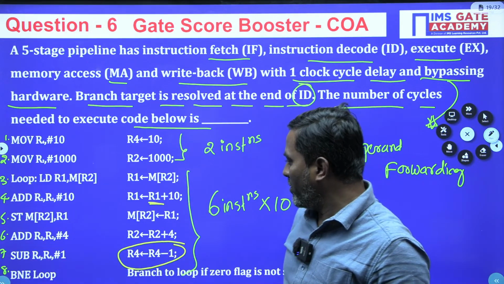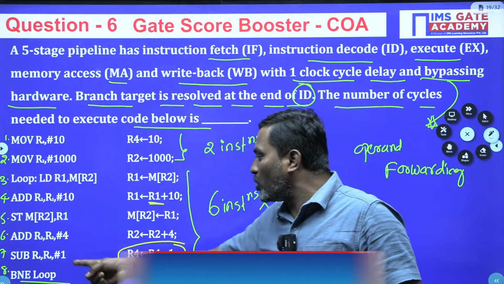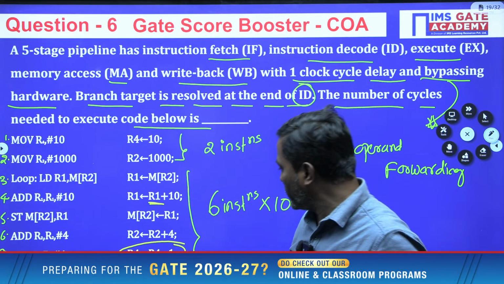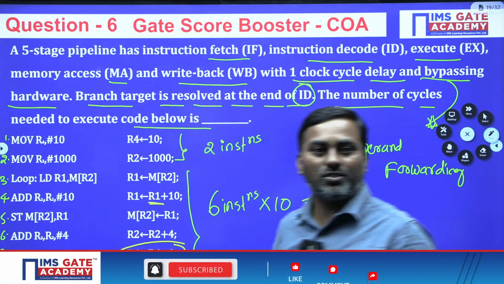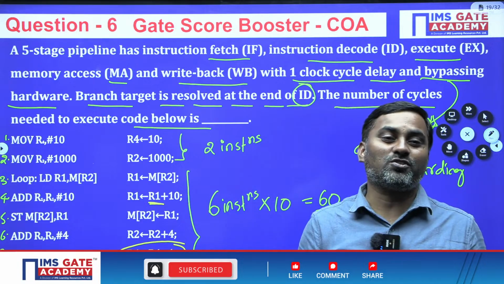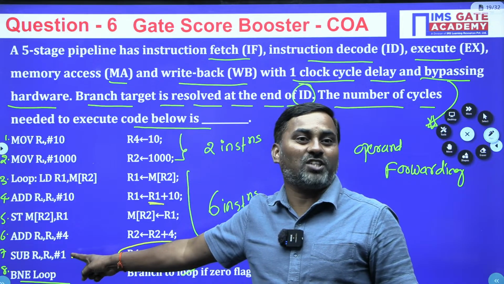So one more now. Look at the 8th instruction: branch not equal, then jump to Load. The third instruction, you have to jump there. Where to jump? Loop. When you are running the branch not equal instruction, I need a flag value from the subtraction, right?